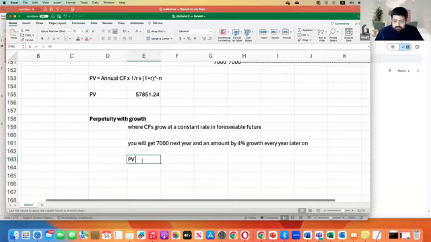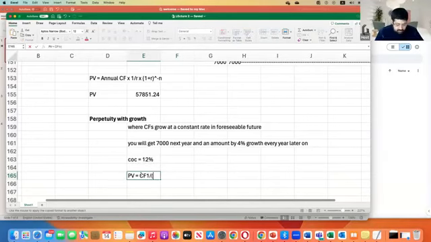So what is present value? For example, cost of capital is 12%. So the present value of perpetuity with growth, the formula is CF1 divided by R minus G. CF1 is the cash flow in the first year of perpetuity.